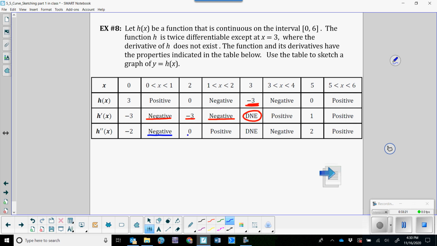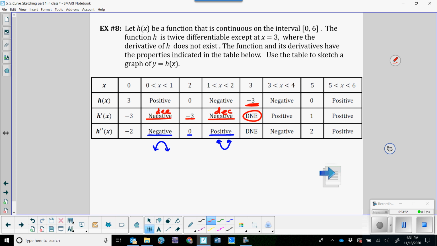At 2, it becomes 0, which means that's a point of inflection, because from 1 to 2, it's positive. So here we're concave down, here we're concave up. We're going to be decreasing and concave up until we run into x equals 3.